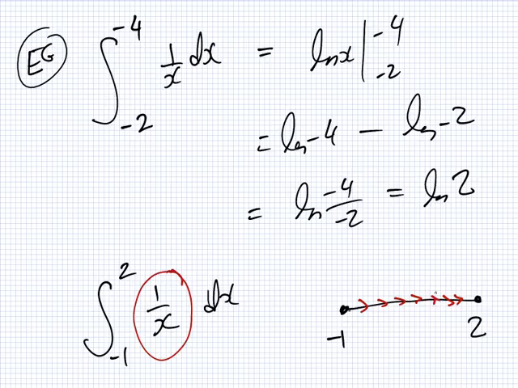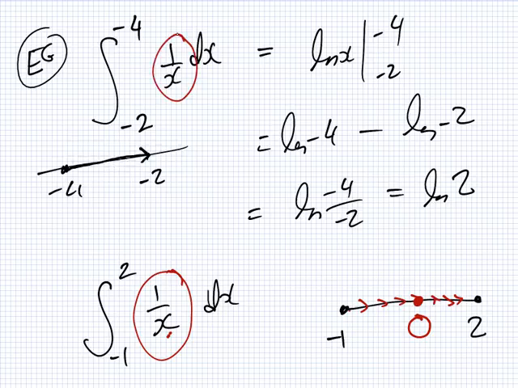As I move from minus 1 to 2, I pass through 0, and 0 is not allowed here. But if you look at the example from minus 4 to minus 2, as I move from minus 4 to minus 2, do I hit anything I can't use here? No. So I can tell from the beginning that this one is a problem, because as I move from minus 1 to 2, I pass through 0, and 0 is not allowed here.